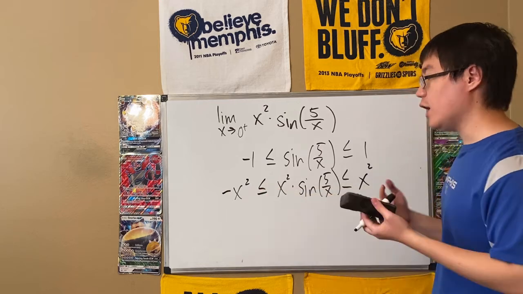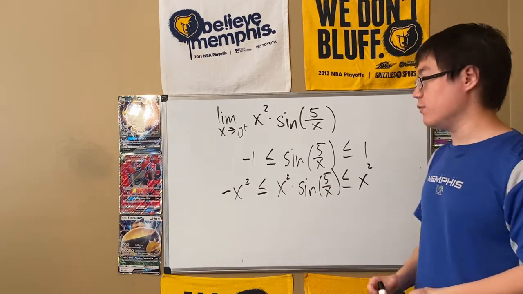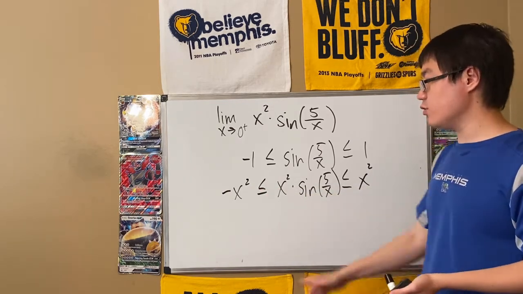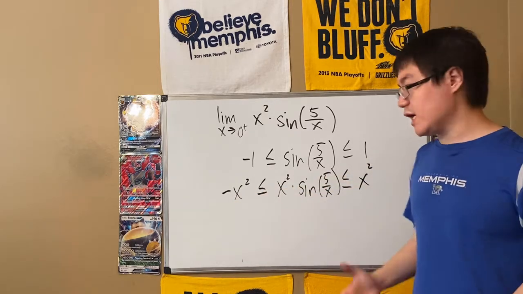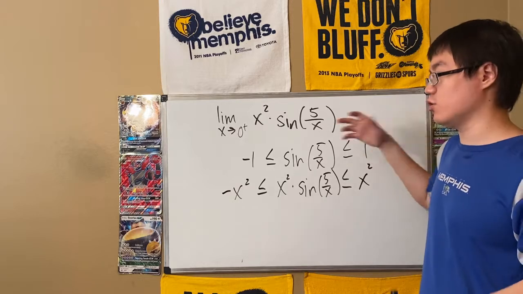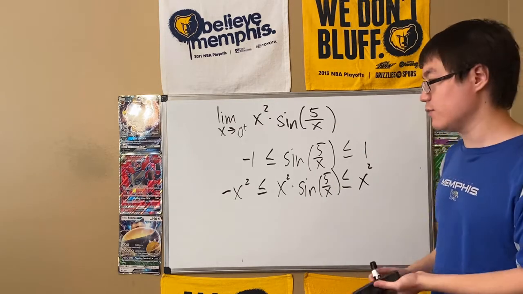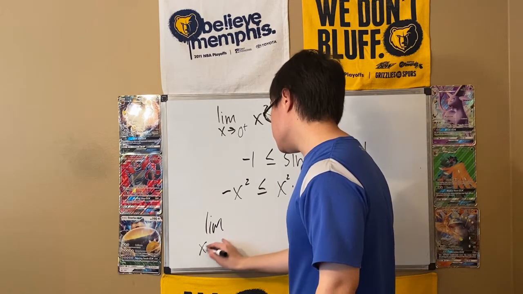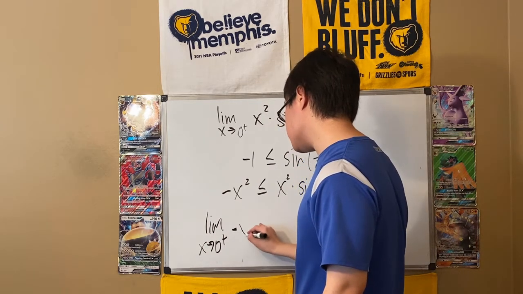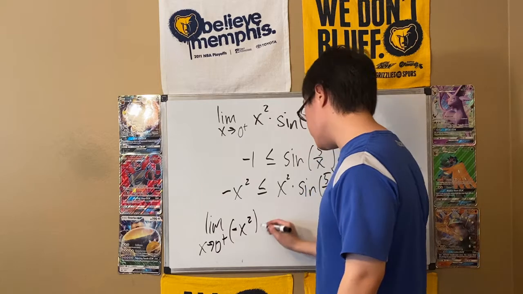So we have this. And notice that when we have this, finally we can employ the squeeze theorem. So what we're going to do is find the limit of this, find the limit of this, hope that they're the same, and that makes this final limit equal to whatever the number is if they are the same. But notice that they are the same, because when you take the limit as x goes to 0 plus of -x squared, that's going to be equal to 0.